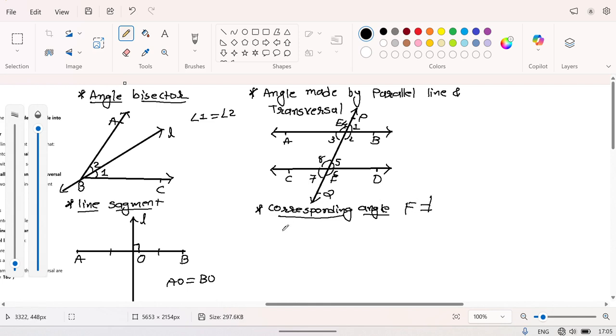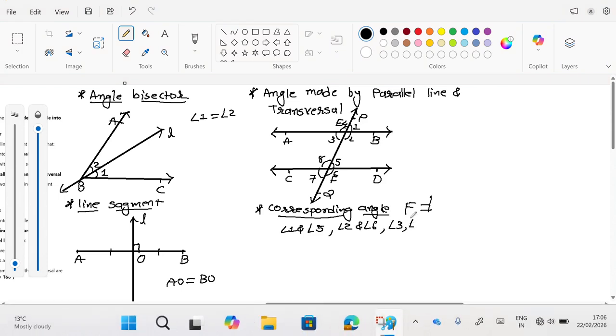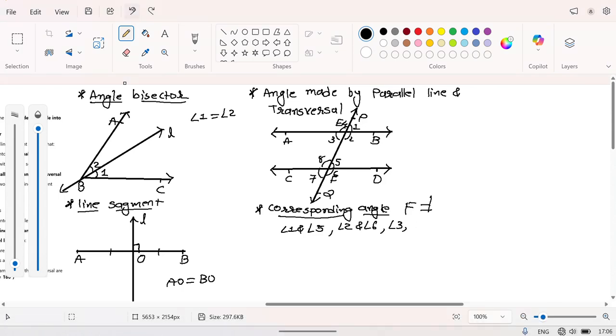Angle 1 and angle 5 are a pair of corresponding angles. Another is angle 2 and angle 6, angle 3 and angle 7, and angle 4 and angle 8.